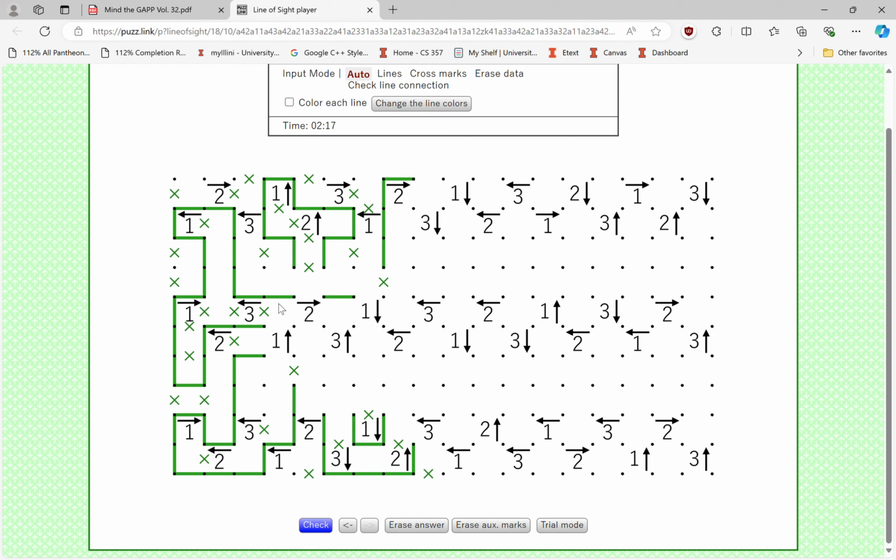So we have that. This 1 can't be seeing that one, can't be seeing 1 here, so it must be seeing 1 up there. Which is going to close that off. Additionally, the 3 needs to extend at least 1 more this way.